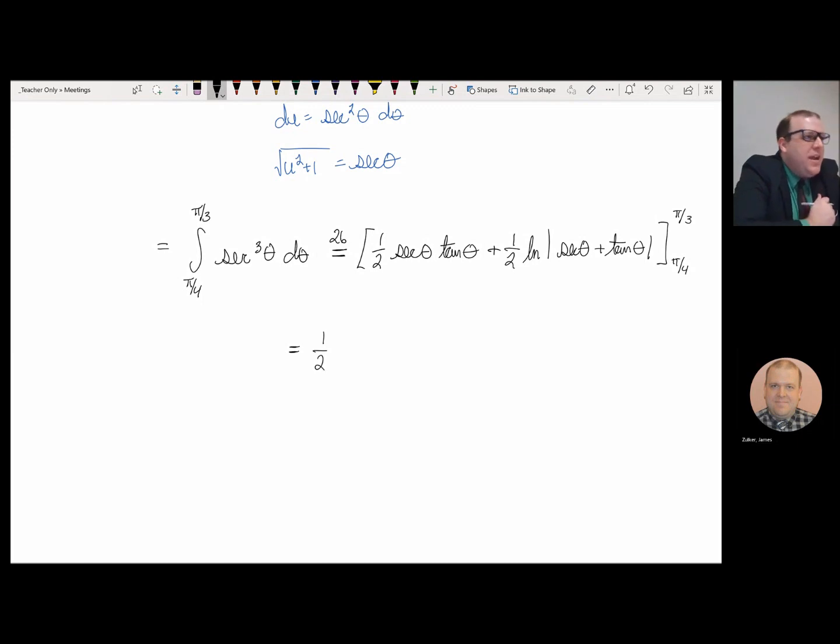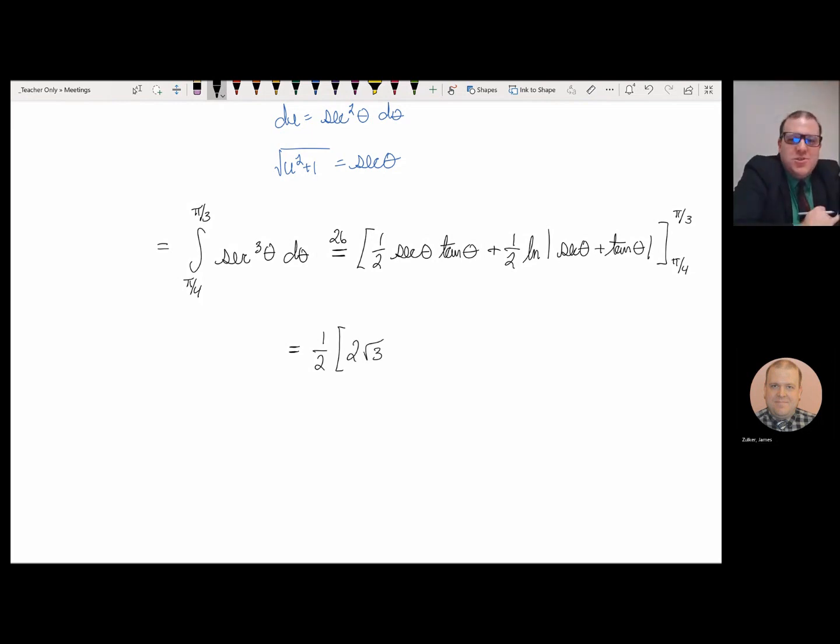I'm going to go ahead and factor out a 1/2. Secant of pi over 3. Tangent of pi over 3, we already know. It's root 3.